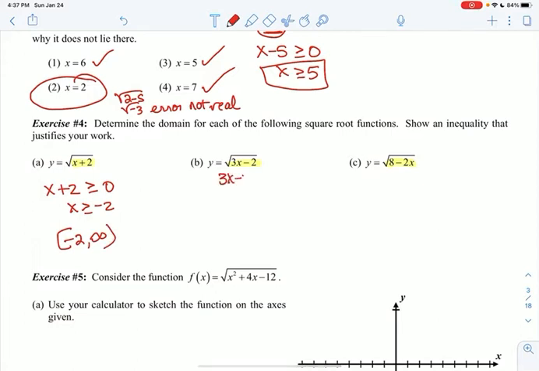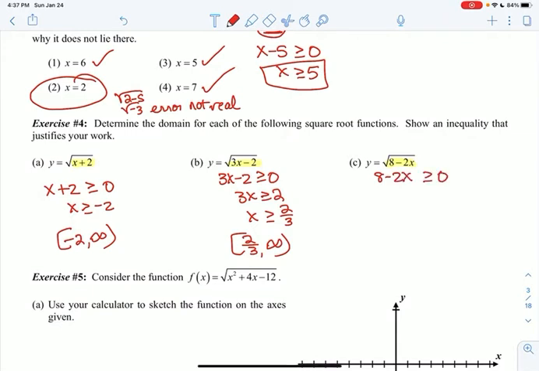Take 3x minus 2 greater than or equal to 0, 3x greater than or equal to 2, x is greater than or equal to 2/3. So again, 2/3 is okay, and anything bigger than 2/3 is okay. And the last one, we've got to be a little careful with our signs here. So 8 minus 2x is greater than or equal to 0.